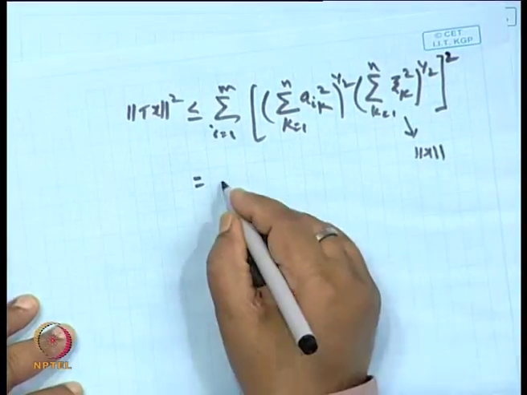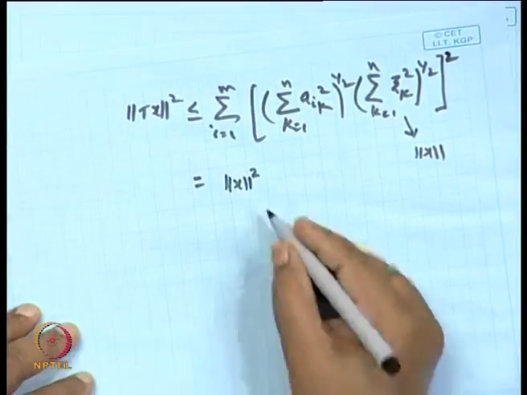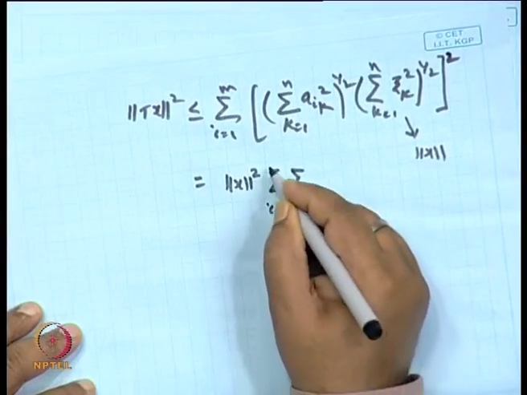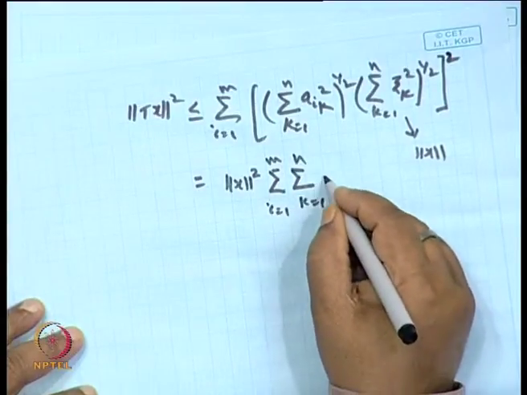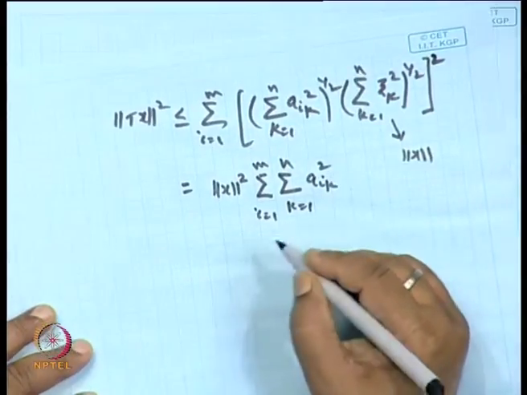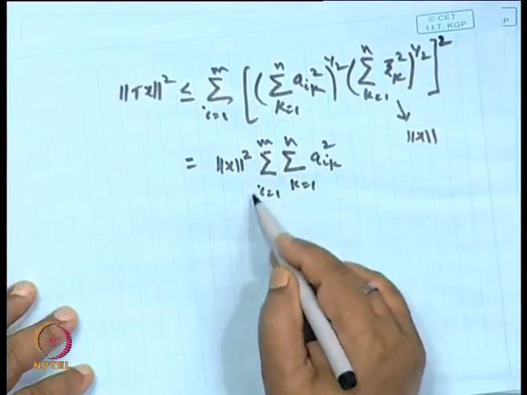So, we are getting this is norm of x squared into the double summation i equal to 1 to m, k equal to 1 to n, a_ik squared. Now, this is nothing but simply a constant.